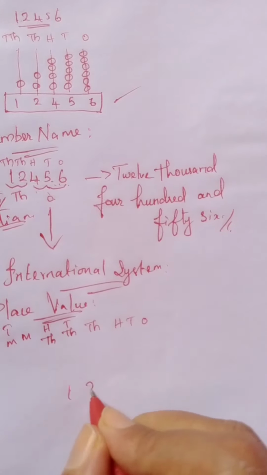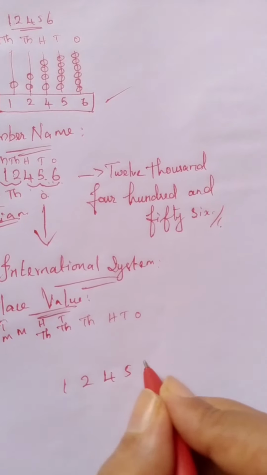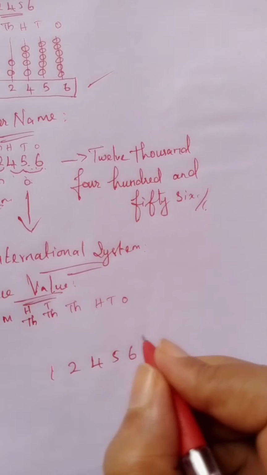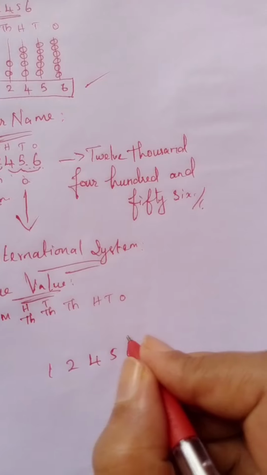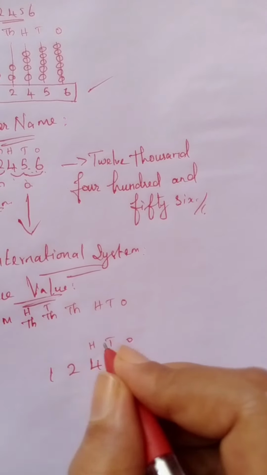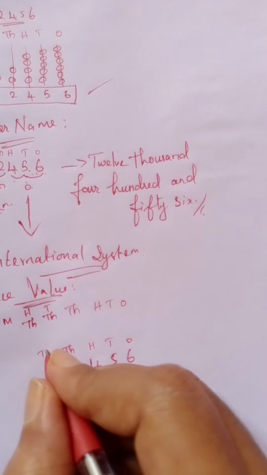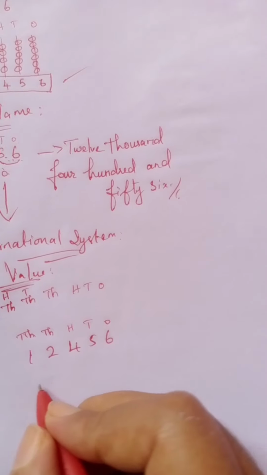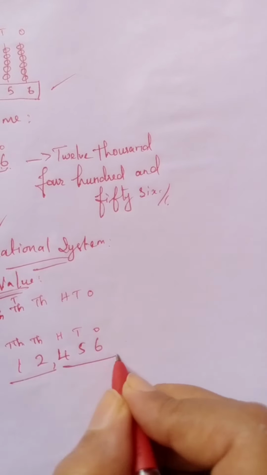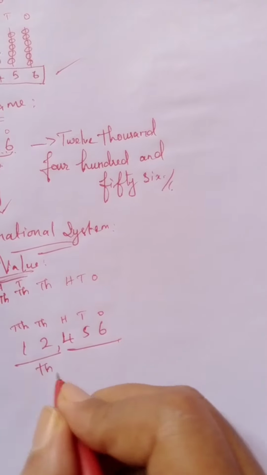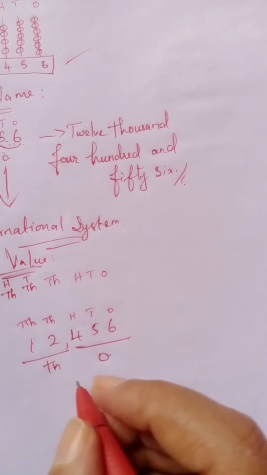Now just write that number 1, 2, 4, 5, 6. Then mention the place values in the international system: ones, tens, 100, 1000, 10,000. Now we can split the families, thousands family and ones family.